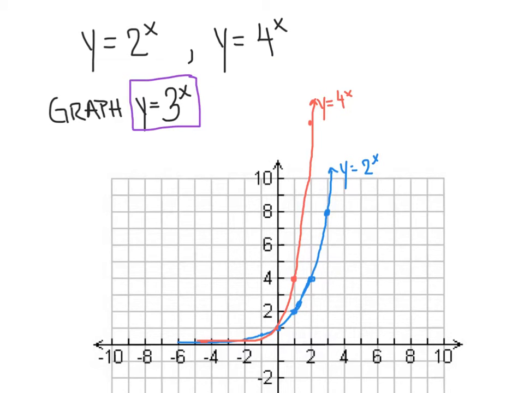Now off of that, can you try to graph y equals 3 to the x? It's going to nestle itself in between those two functions. It's still going to have a y-intercept of 1, and it's going to pass through the points 1, 3 and 2, 9. It also goes through -1, 1/3 and -2, 1/9, and just like these other graphs, it's asymptotic to the x-axis.